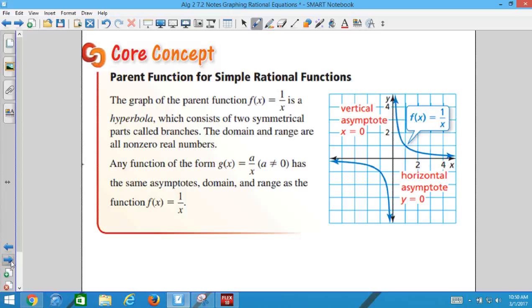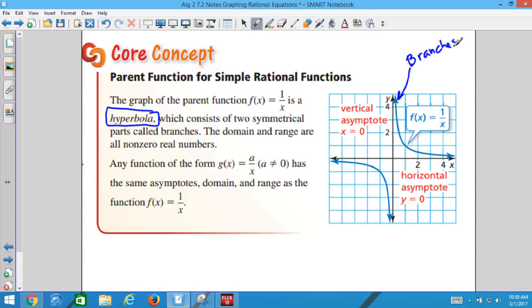These are called hyperbolas. Hyperbola. It says that it consists of 2 symmetrical parts called branches. So there are 2 parts, and they are called branches.